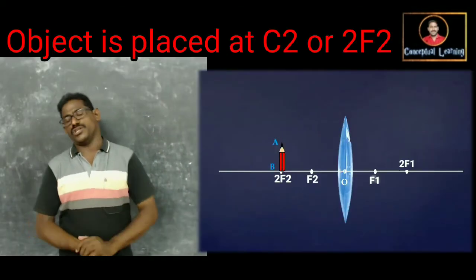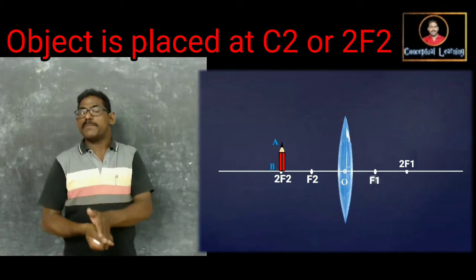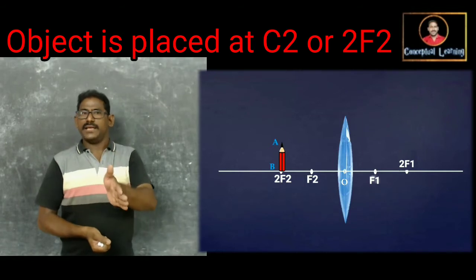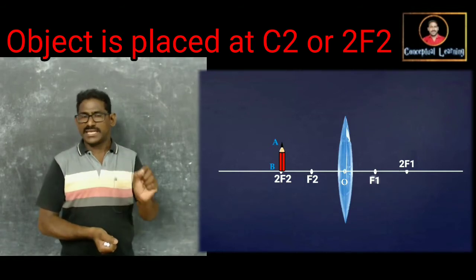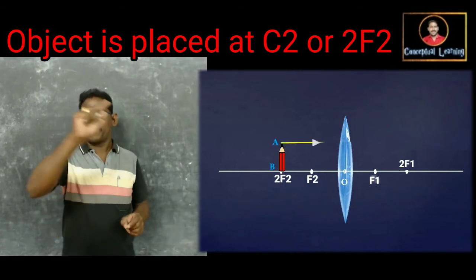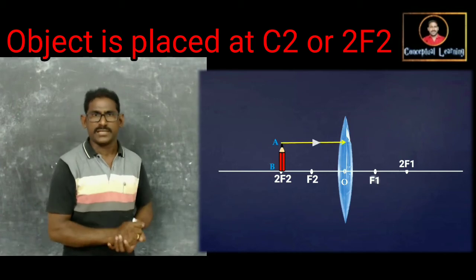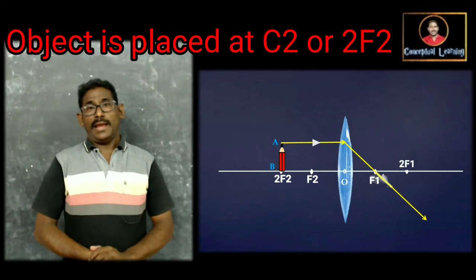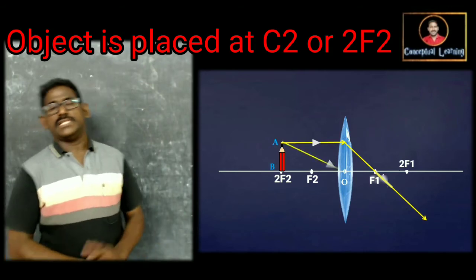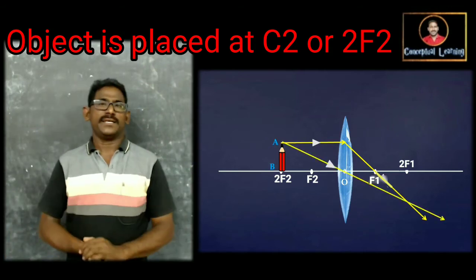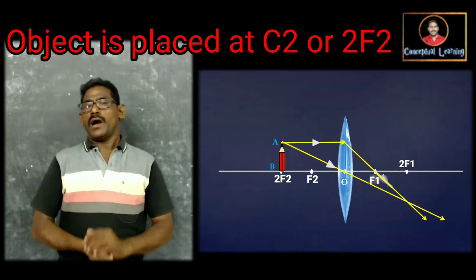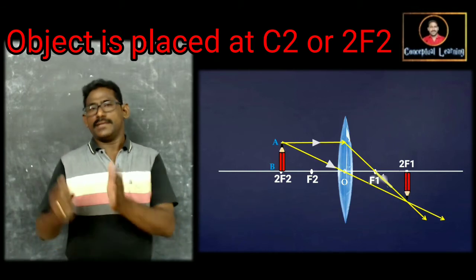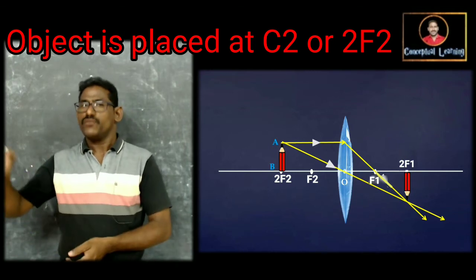And the third case, if the object is placed at 2F2, the first ray, which is parallel to the principal axis, after refraction passes through the principal focus, and the second ray, which is passing through the optic center, is undeviated. After refraction, these two rays intersect at 2F1.